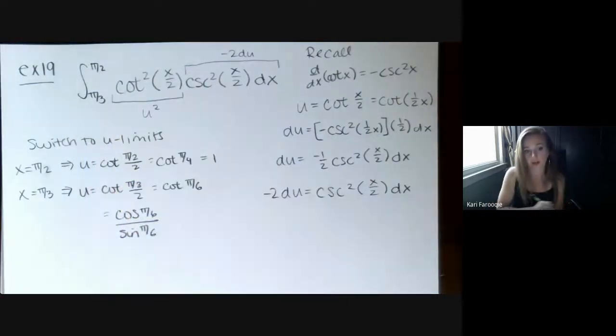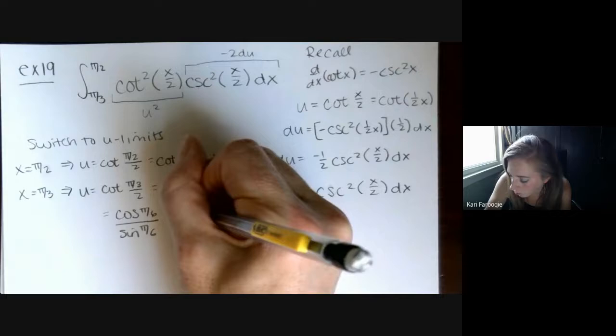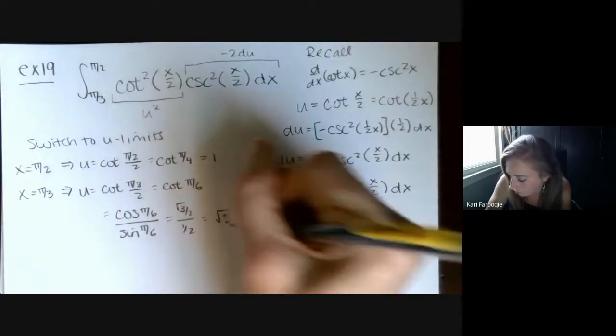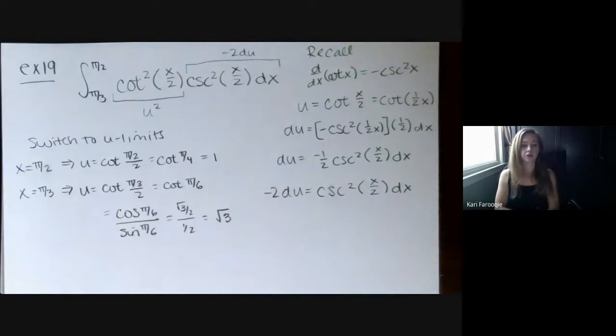That assumes that you are comfortable with these special trig angles, which you should be. The cosine of pi over 6 is root 3 over 2. The sine of pi over 6 is a half. That means that your value here is root 3 over 1, which is the square root of 3.